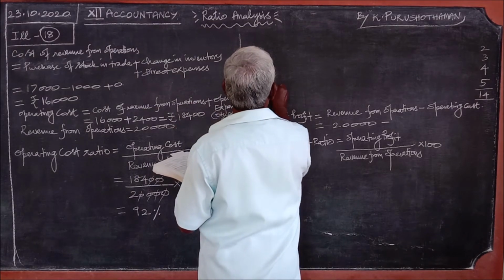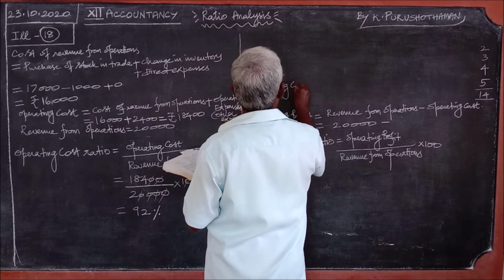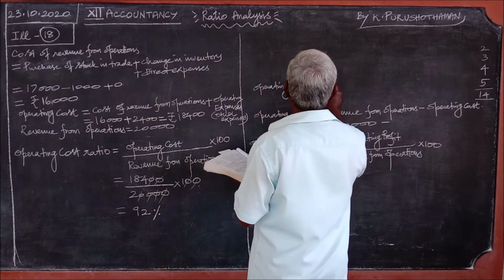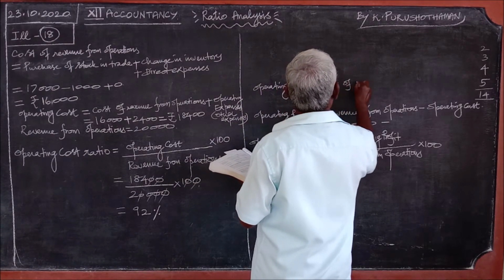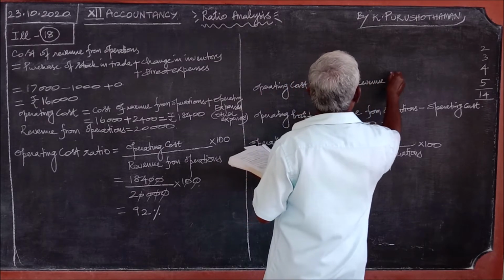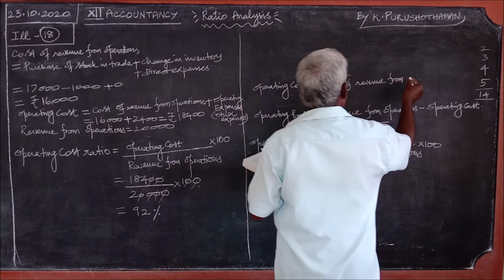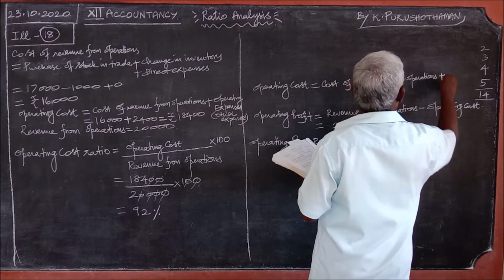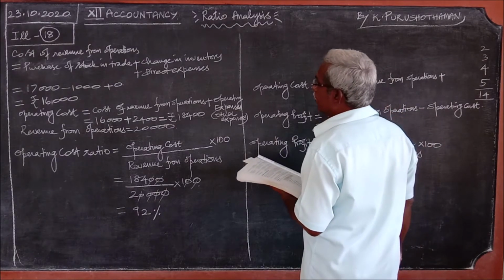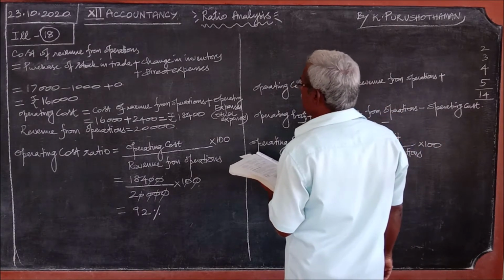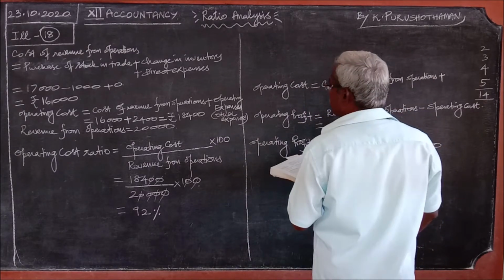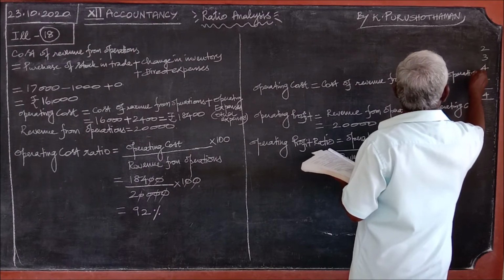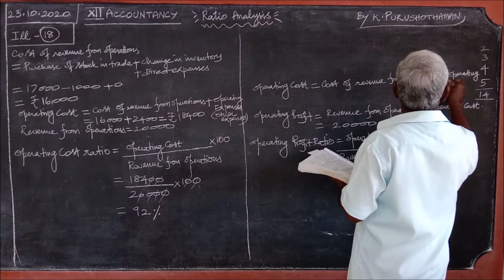Operating cost is equal to cost of revenue from operations plus operating expenses.